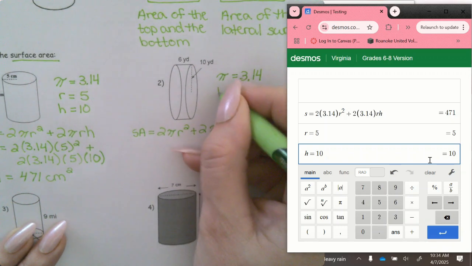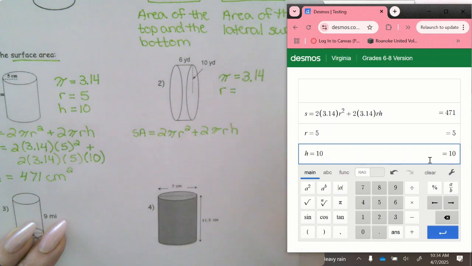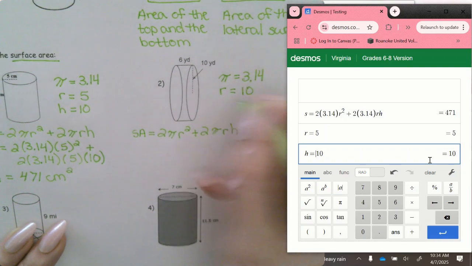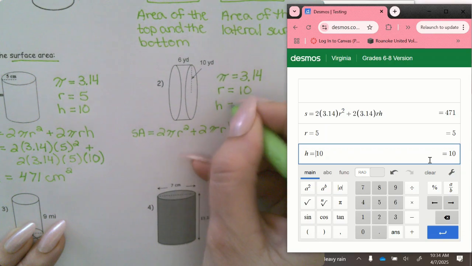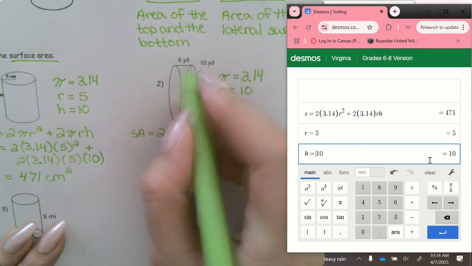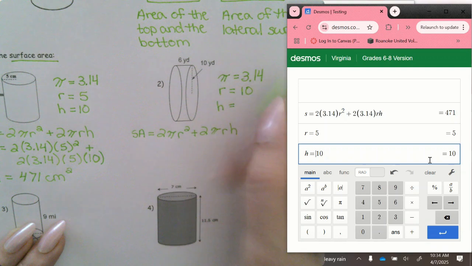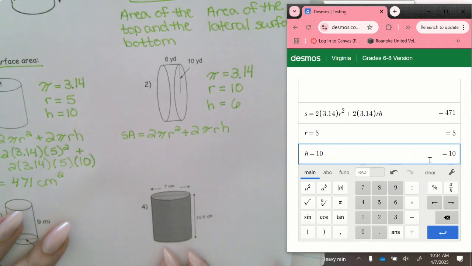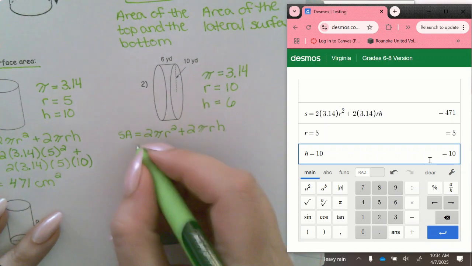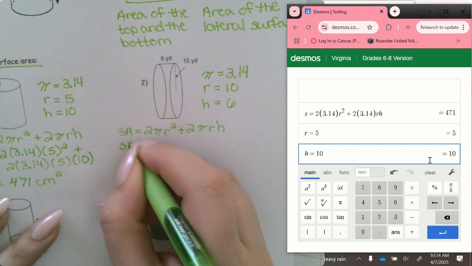What is the radius of this cylinder? 10, good. And the height then would be 6. Even though this is laying sideways, the height is always the distance between your two circles. So I'm going to substitute those in.